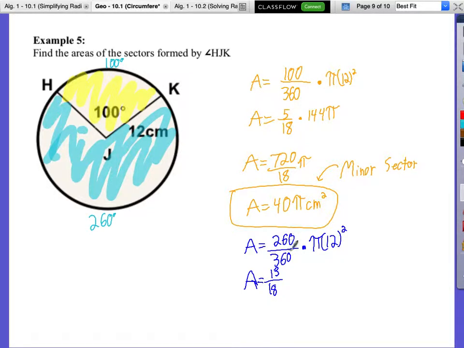And you can do that in your calculator or reduce it like we did before. And this would still be 144 pi. 13 times 144 is 1,872 over 18 pi.